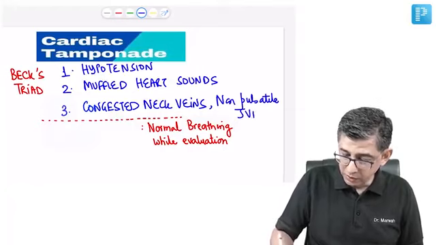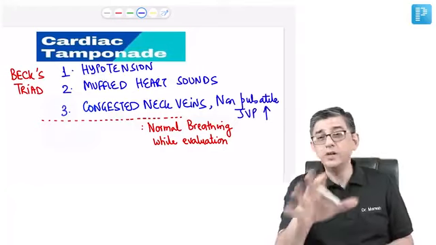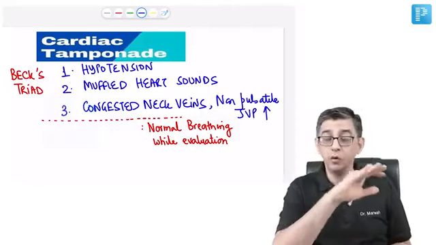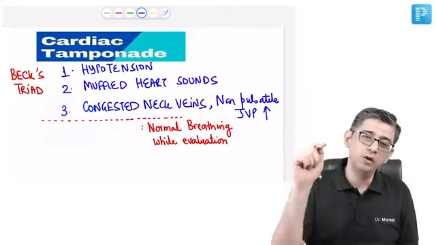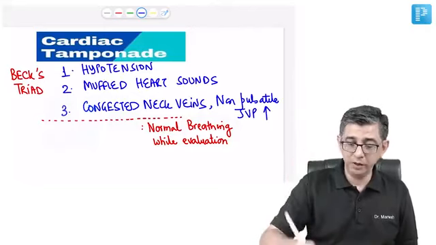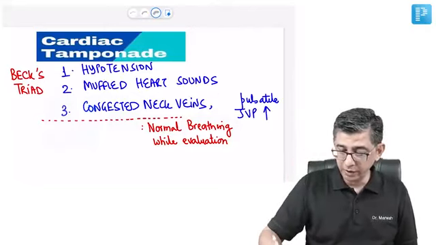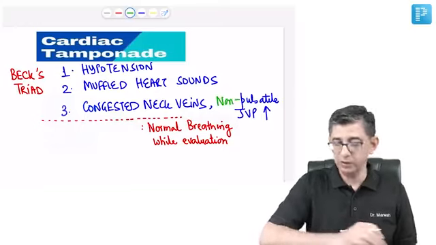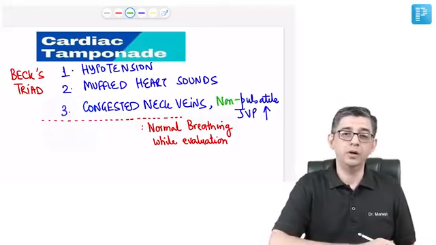In all conditions of cardiology, you will always have a pulsatile elevated JVP. I repeat my statement. In all conditions of cardiology, you always have a pulsatile elevated JVP, but the only time you're going to read this particular phrase, non-pulsatile elevated JVP, is cardiac tamponade.